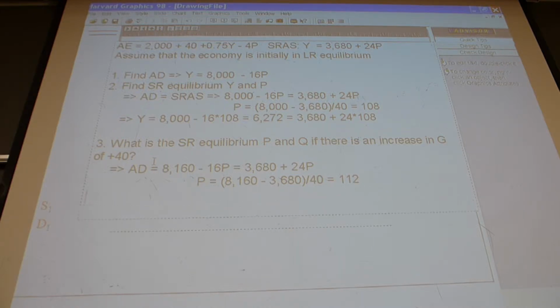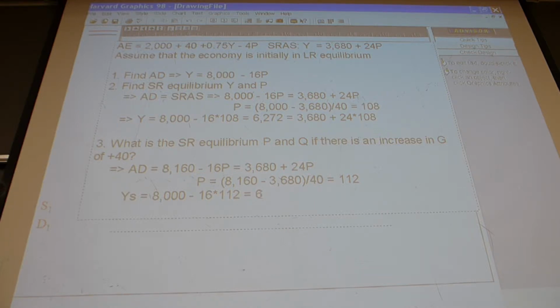How much increase in GDP do we get? So the new Y is YS equals 8,000 minus 16 times 112, sorry, it's got to be 112, which is equal to 6,208.